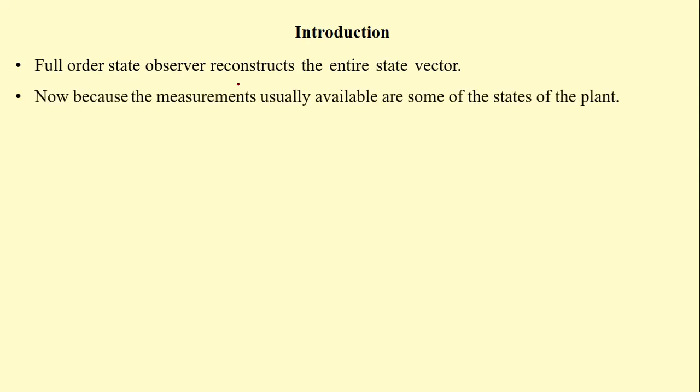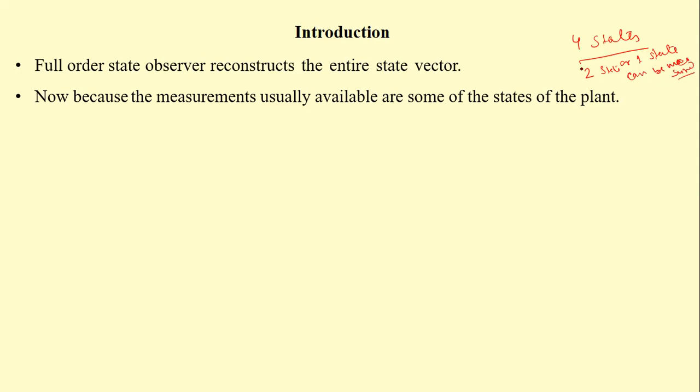Now there is a possibility that we have measurements available for some of the states of the given plant. For example, if we have four states of the system, there may be a possibility that two states or one state can be measured, right?